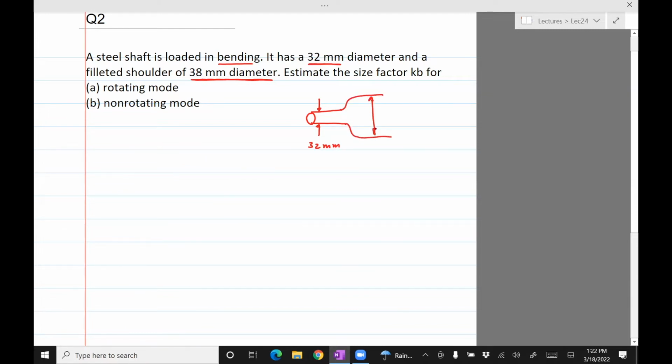This is 38. Something like this would have stress concentration because of the fillet. It's not important in this problem, however. Okay, estimate the size factor KB for rotating mode, non-rotating mode.